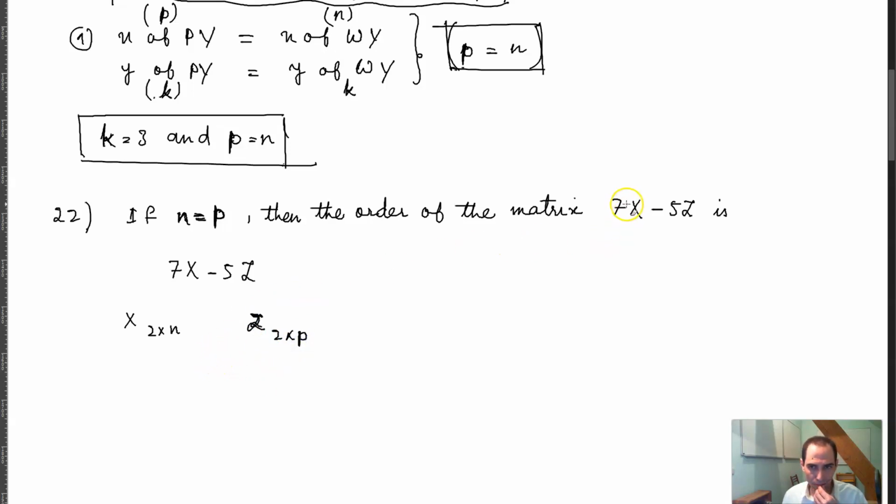Now, suppose that you multiply 7 by this matrix and multiply 5 by this matrix and subtract this matrix from this matrix.